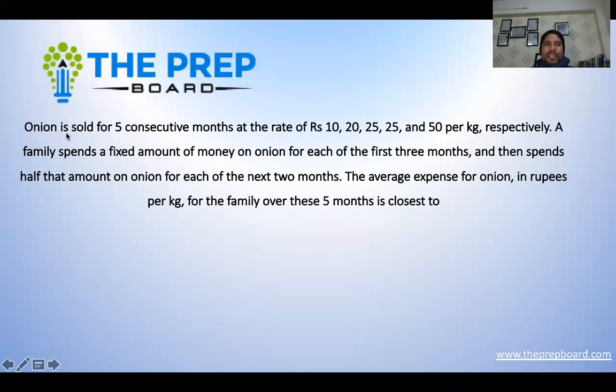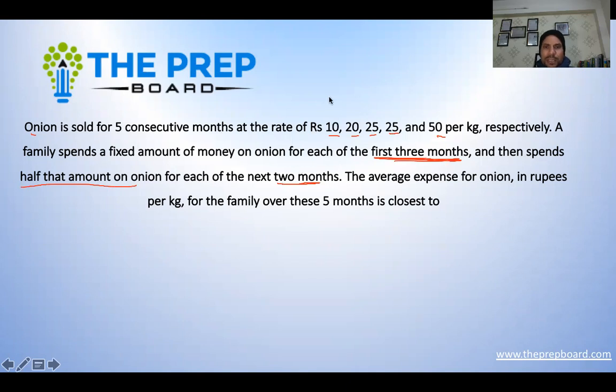Yes, the question is: onion is sold for 5 consecutive months at the rate of 10, 20, 25, 25 and 50 per kg respectively. The family spent a fixed amount of money on onion for each of the first 3 months. The most important thing is that for the first 3 months there is one fixed amount, and then half the amount for each of the next 2 months.